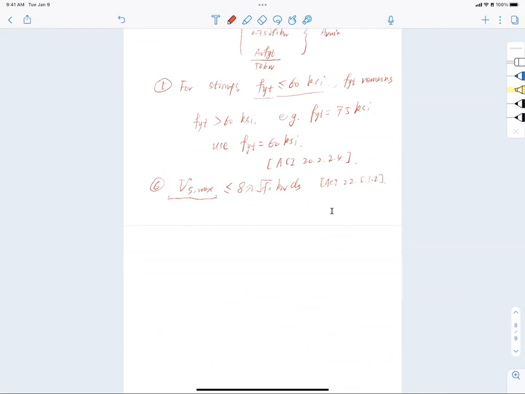And when I say bounded, meaning that if you find out your shear resistance from stirrups has exceeded this number, very rare chance you see that, but if you see this, what do you do? You actually have to tell the engineer, or you do it yourself, to increase the section size. So what do you mean increase section size? That means increase your bw or the depth of the beam.